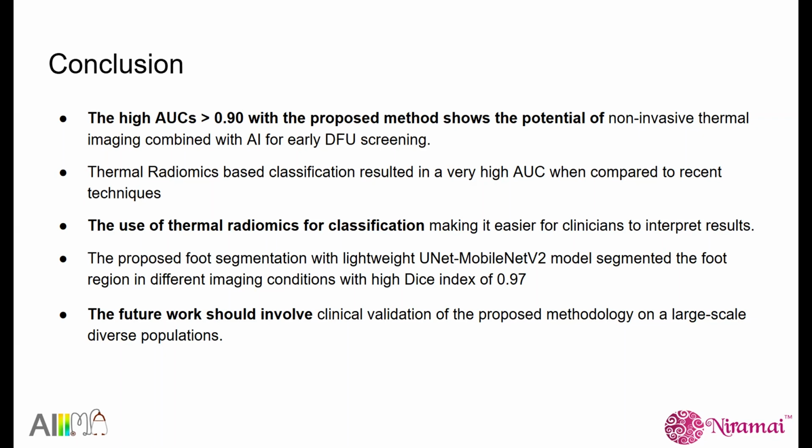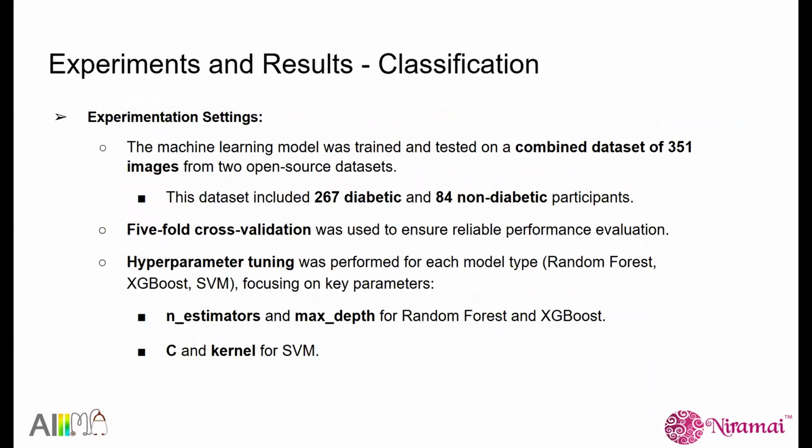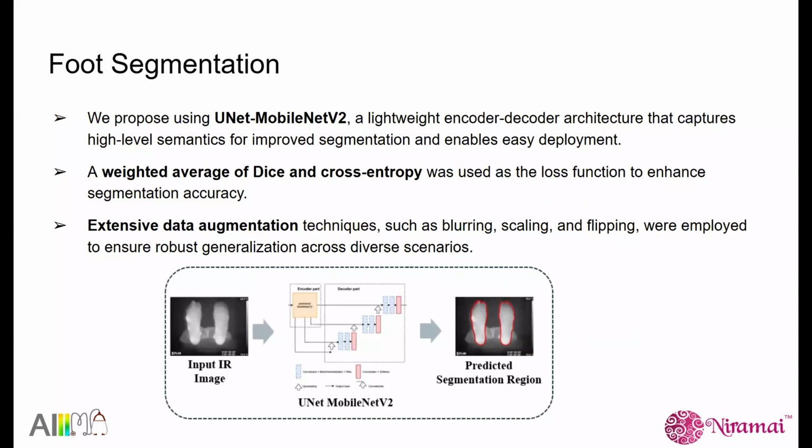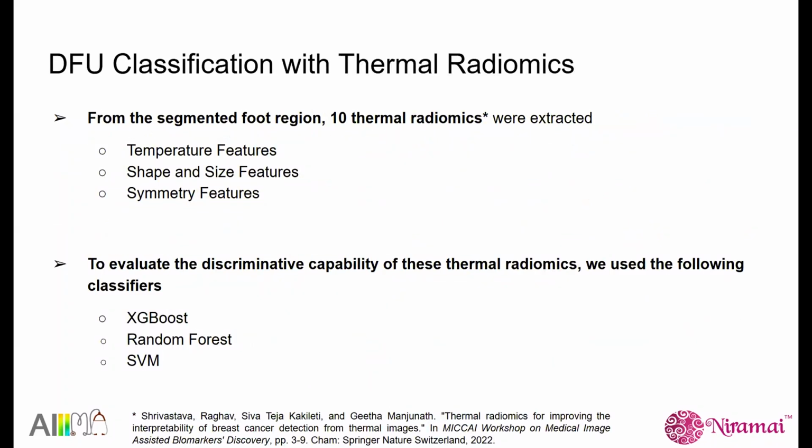Yeah. So there's another question from Bharat Govindraju: how were the features extracted after segmentation to feed into SVM and RF? You talked about thermal radiomics. He wants to know how you extracted the radiomic features. Yeah, so the exact details of the techniques are mentioned in the paper. But to give a brief overview, once the segmented region is identified, we have both feet, and then we identify the abnormal region or the hotspot region, using an advanced thresholding-based technique where, using the foot histogram, we identify an abnormal region of interest.